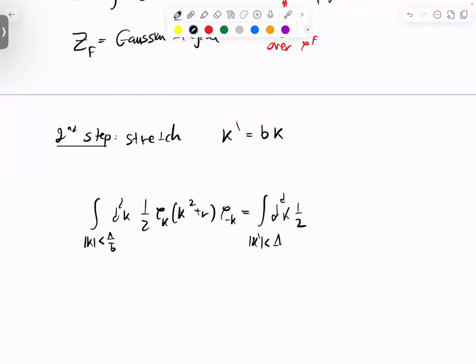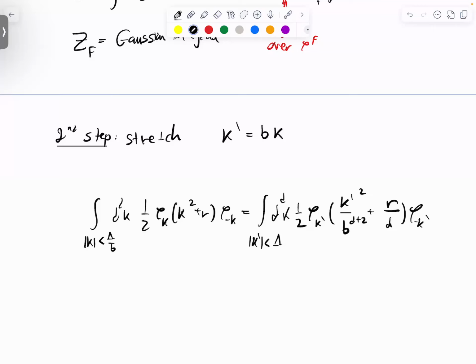And in particular, what I'm going to have is phi of k prime, and then here k prime squared over b to the power d plus 2, plus r over b^d, phi of minus k prime.